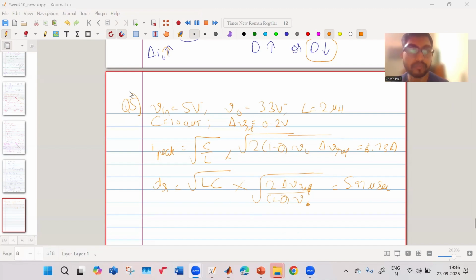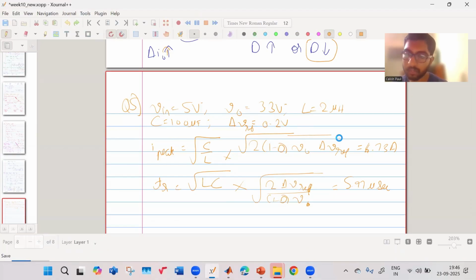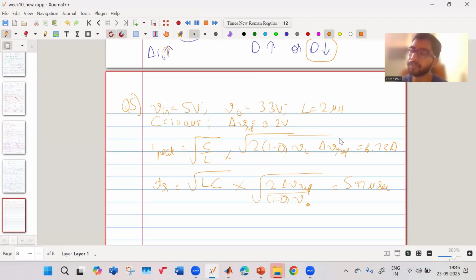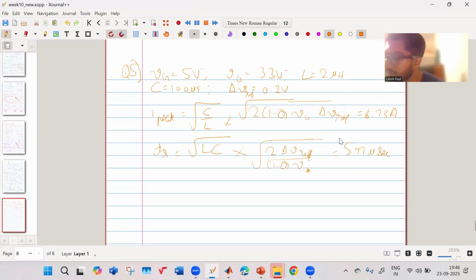So these were things which were there. In the future weeks, sir will be teaching how to implement this time optimal control. Something which I've forgotten to tell is, what is time optimal control?